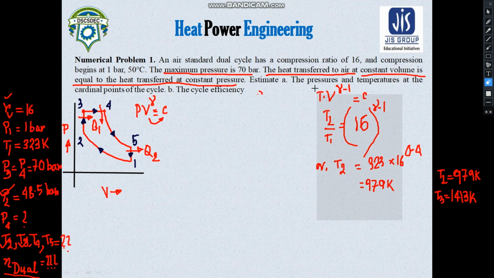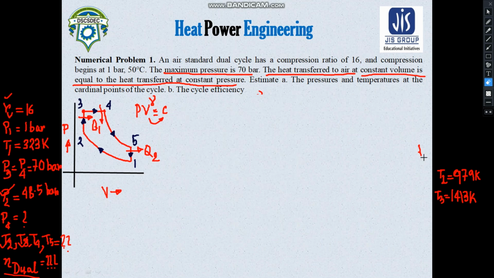That means the heat added here for this process is equal to the heat added here for this process. So Q2 to 3 can be written as Q3 to 4.